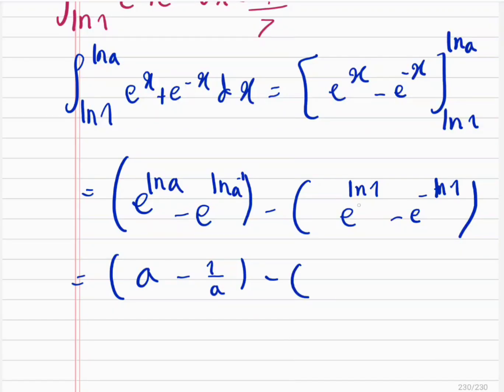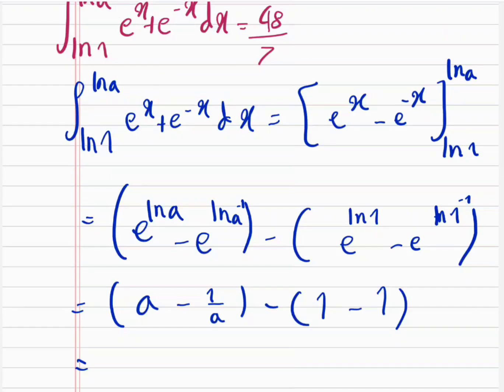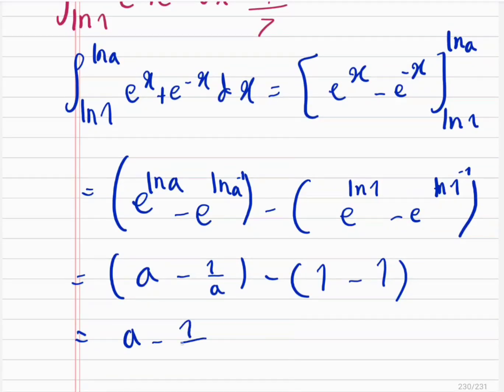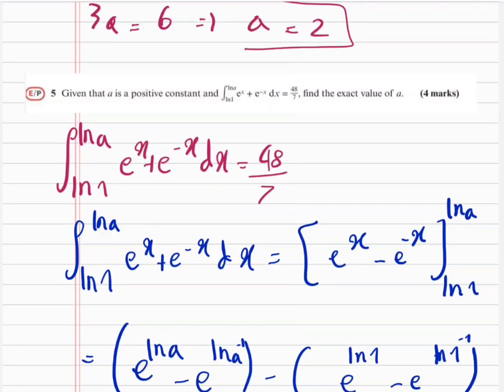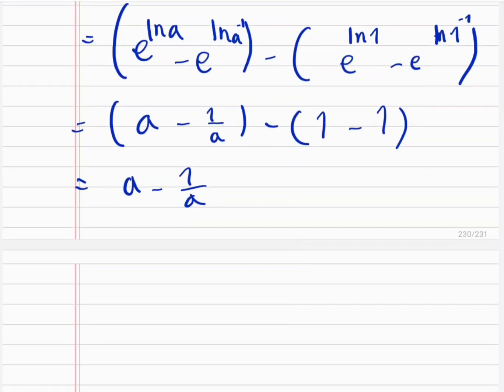And then e to the ln 1 is just 1. Raising 1 to the power of minus 1 doesn't change it, so we get 1 minus 1. So the second bracket is just 0, and we have a minus 1 over a, and that is equal to 48 over 7.